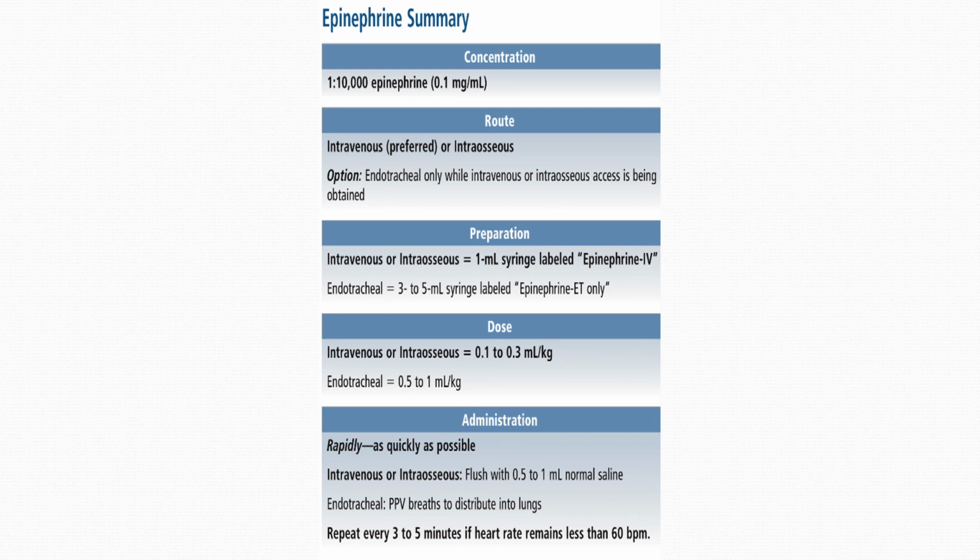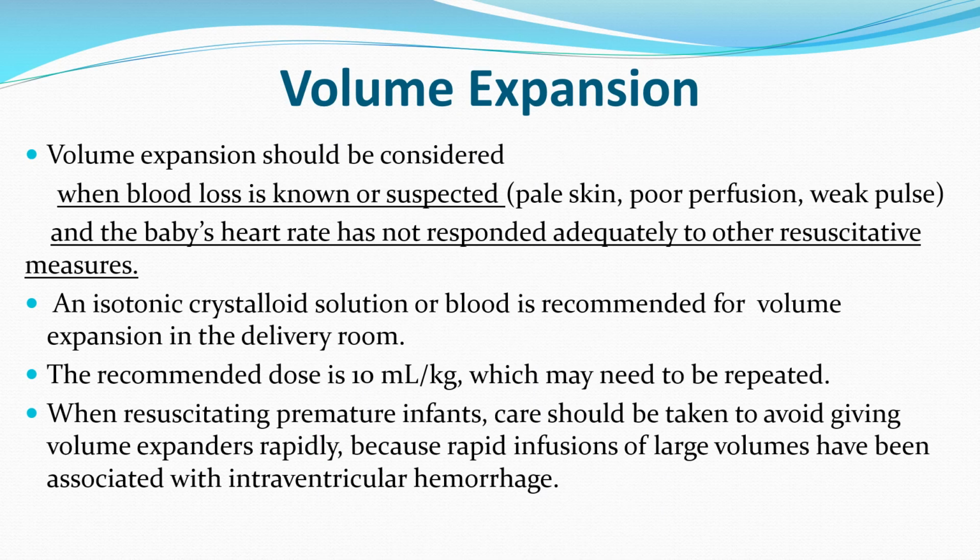Administration should be as quick as possible, followed by flushing with 0.5 to 1 ml normal saline. Through the endotracheal tube, give positive pressure breaths to distribute it into the lungs. Repeat every 3 to 5 minutes if the heart rate remains below 60 beats per minute.